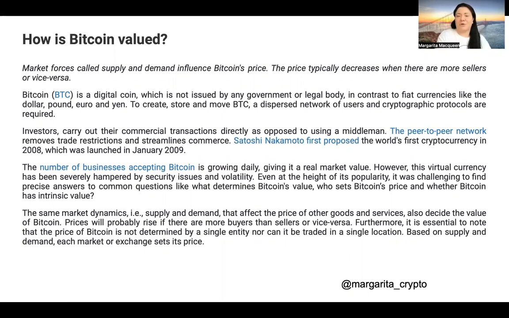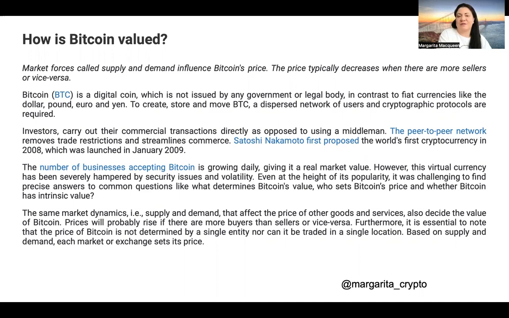To create, store, and move Bitcoin, a dispersed network of users and cryptographic protocols are required. So, as we know, it's called a decentralized service. Yes, it's not controlled by any government, right?